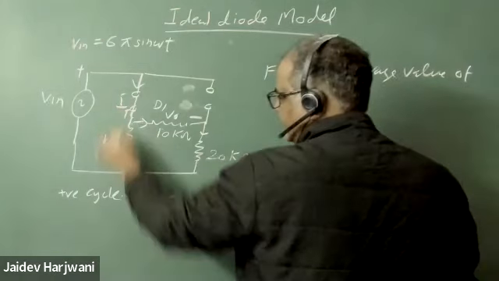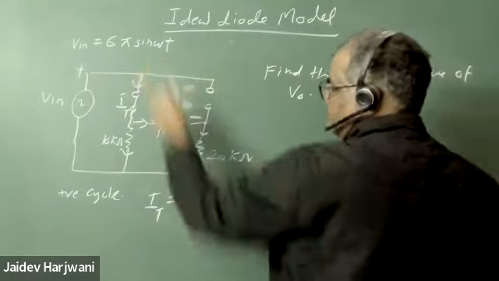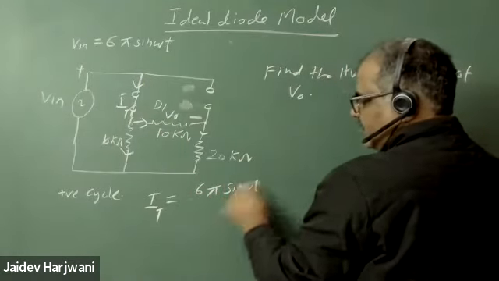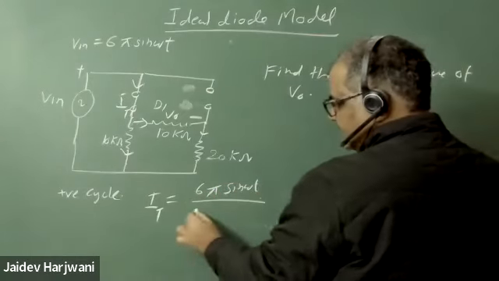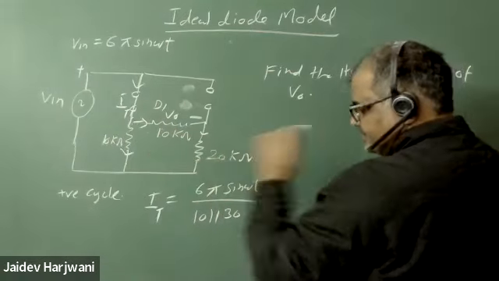So I can find the I total flowing in the circuit. I total flowing in the circuit will be how much? Voltage is 6 pi sine omega t, and total resistance is 10 parallel to this 30, which is one branch.